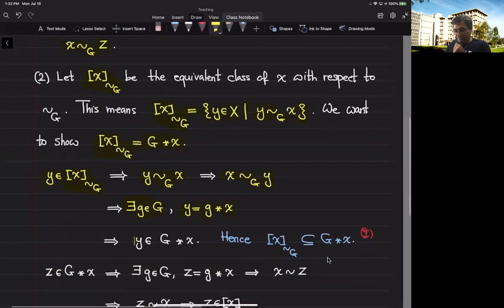By definition, that implies that Y belongs to the G-orbit of X. This shows that the equivalence class of X is a subset of the G-orbit of X.